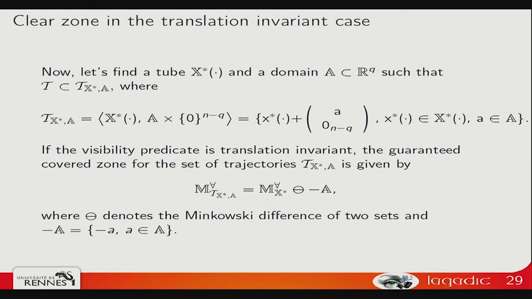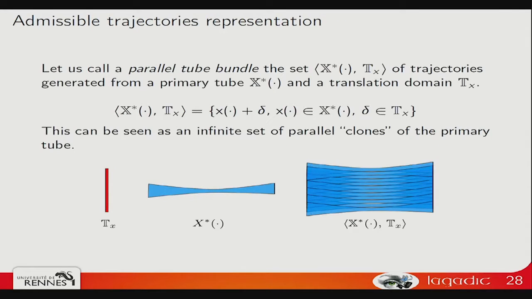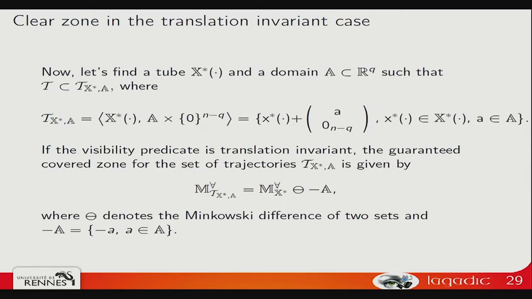In this case, if the visibility predicate is translation invariant, then the guaranteed covered zone is given by the Minkowski difference of the guaranteed covered zone computed with only the small tube, and then we do the difference with minus A, where A is the translation domain.